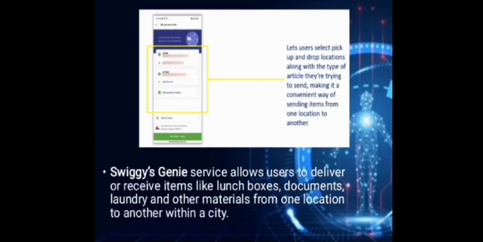Users can easily select the pick up and drop location and the type of article or item they are trying to send. It even displays the cost for the service, making it convenient for the user.